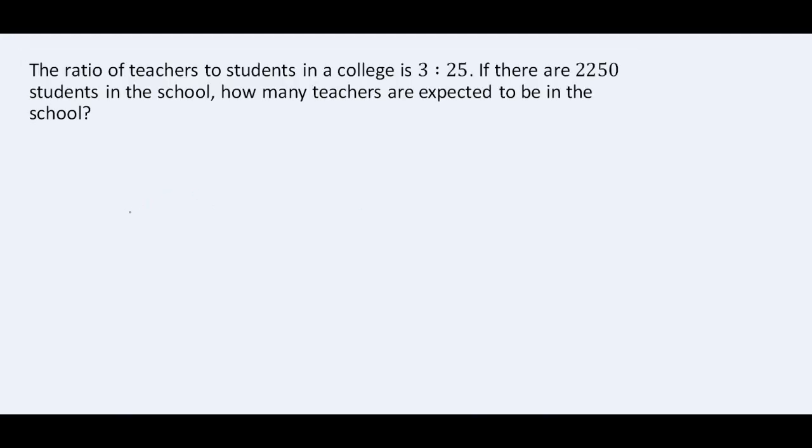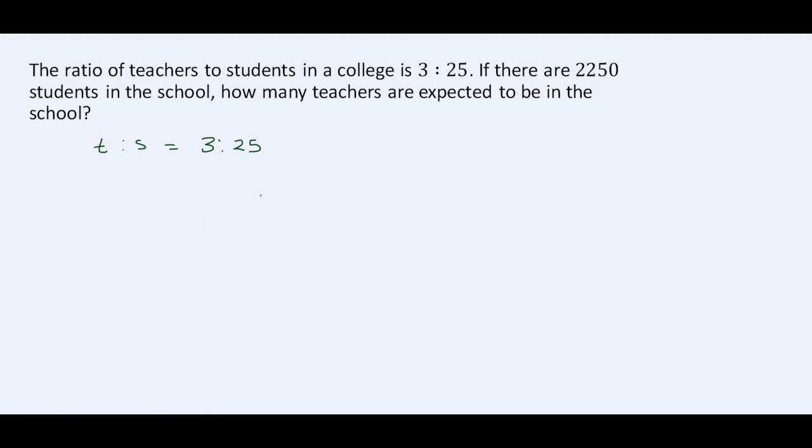Next example, the ratio of teachers to students. Ratio of teachers to students in a college is 3 to 25. If there are 2,250 students in this school, how many teachers are expected to be in this school?